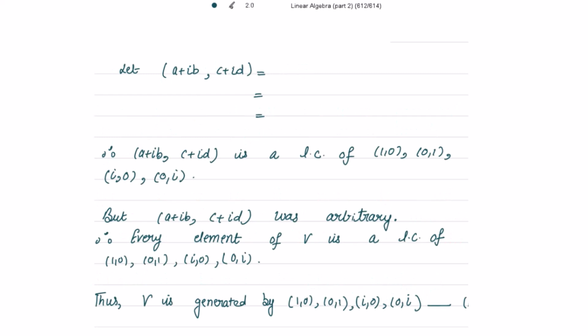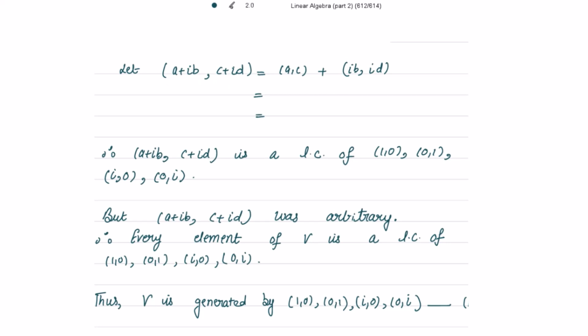Okay. Now let (a + ib, c + id). How can I write this? Can I write it as (a, c) + (ib, id)? Yes, of course. If you add these two, you will get back your (a + ib, c + id).